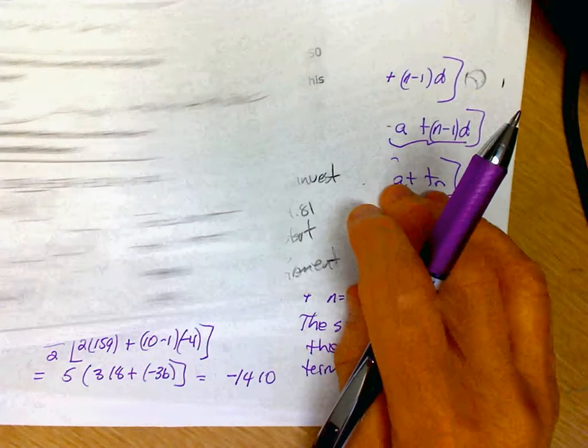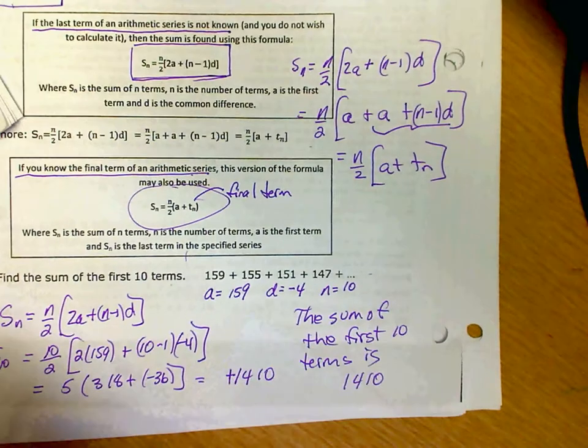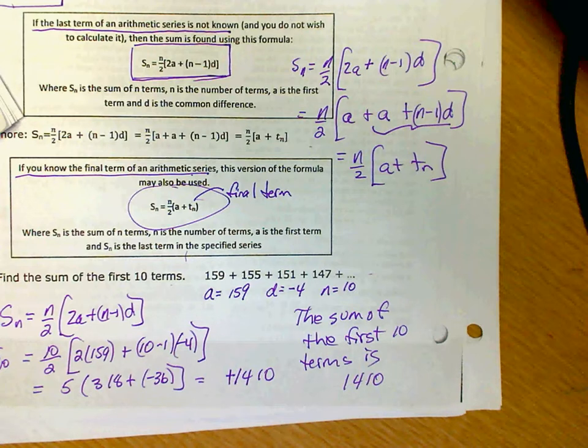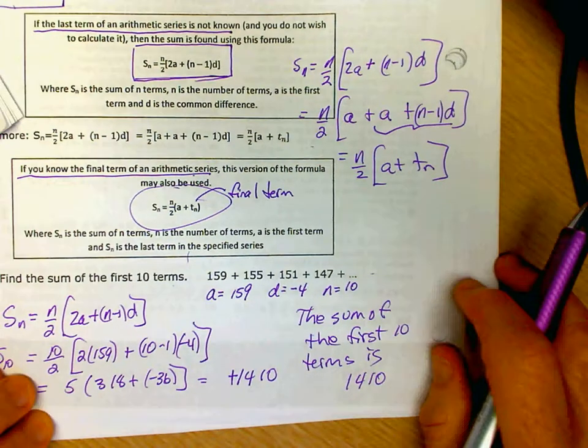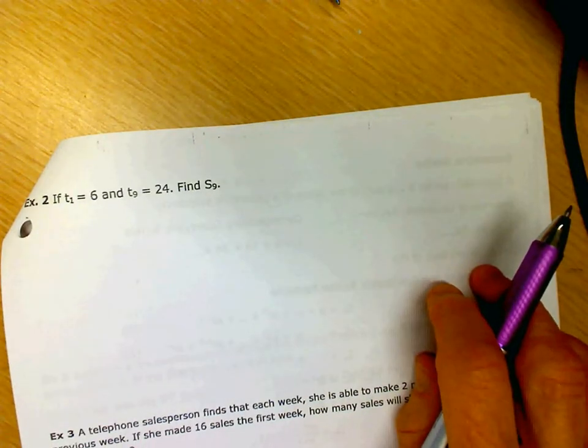Yes, so can we just check that calculation? My mistake. Thank you for bringing that out. 2 times 159 minus 36 times 5. It's positive 1410. Okay.